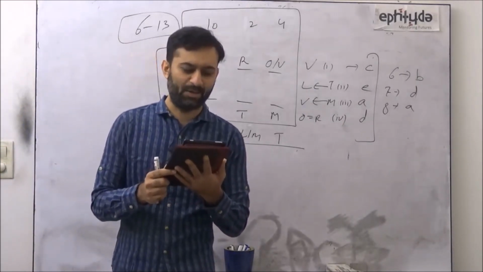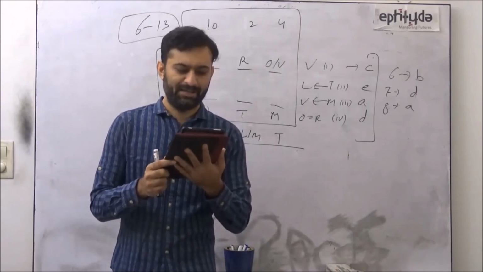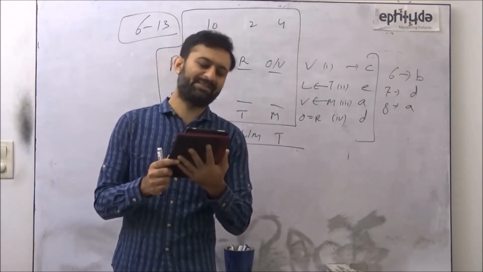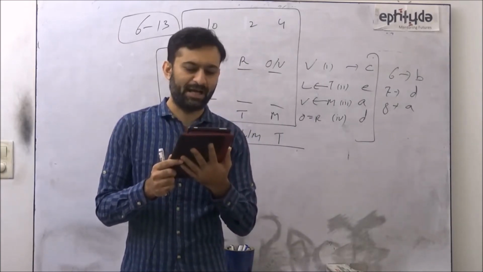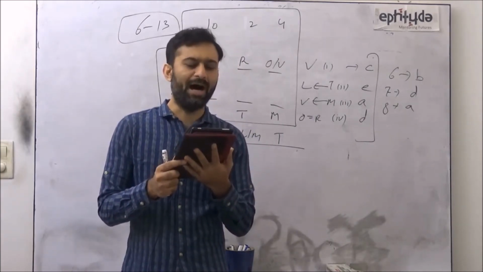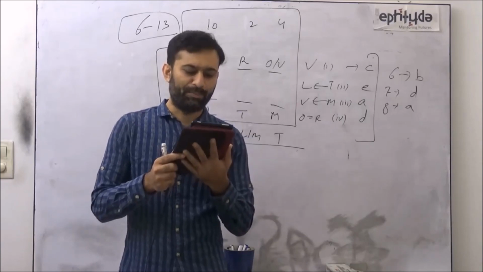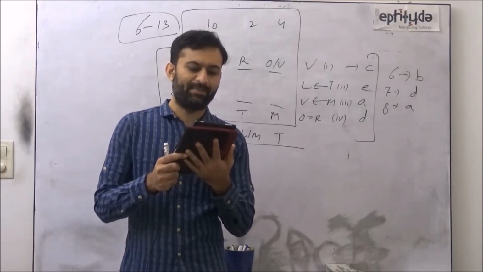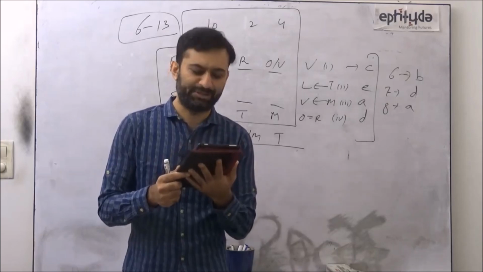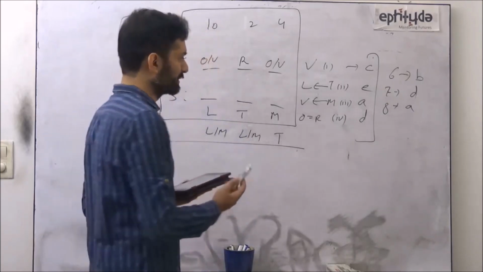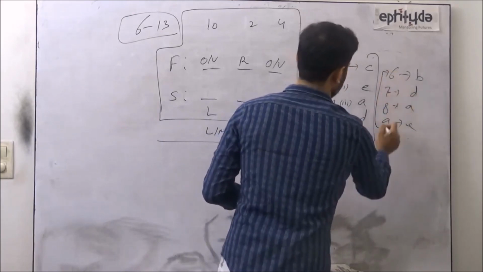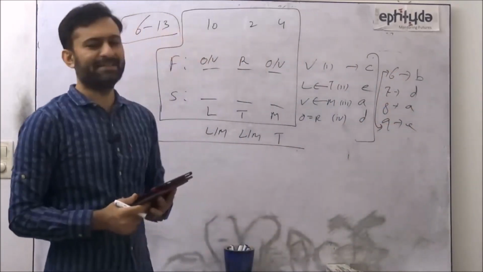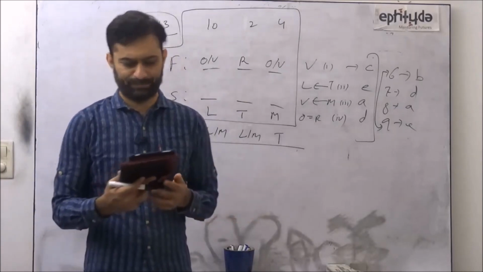Option B is out because M is before V. Option C is out because O and R are not together. Option D is out because L is not before T. Therefore, the answer to 9 is E. Questions 9 and 6 are basically the same question.